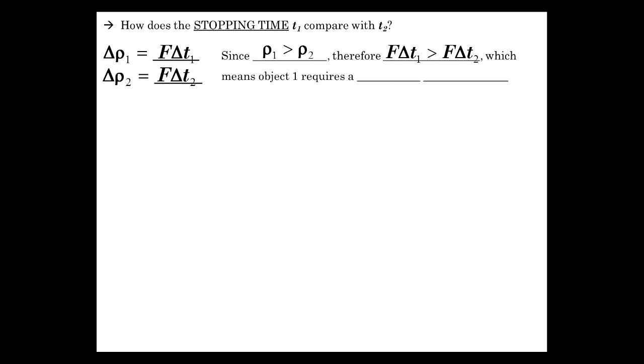Therefore, if the forces are the same, and this is bigger than this, what does that say? Object 1 requires a larger impulse. Since F is constant, the time for the applied force for object 1 is greater than for object 2. So the times have to be different, because the first one does have a larger product, F delta t.